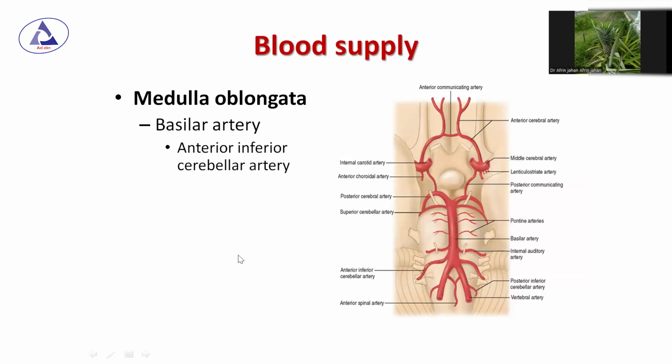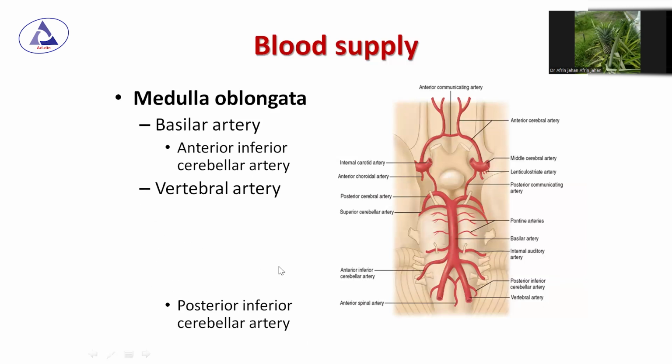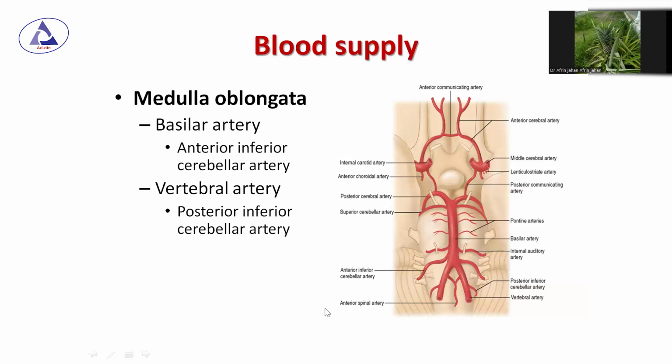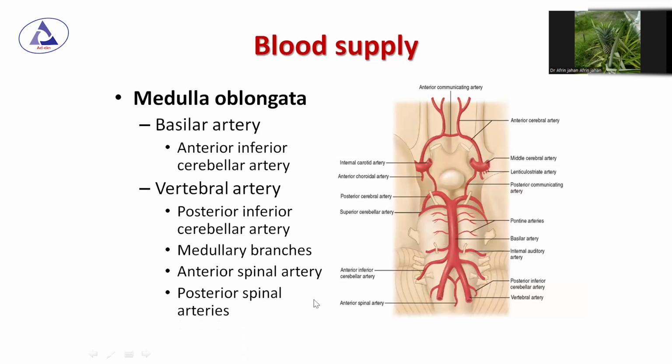The branch of basilar artery is anterior inferior cerebellar artery, and branches from the vertebral artery are posterior inferior cerebellar artery, medullary branches, anterior spinal artery, and posterior spinal arteries. These are branches of the vertebral artery. So, medulla oblongata gets nutrition from basilar artery and vertebral artery.